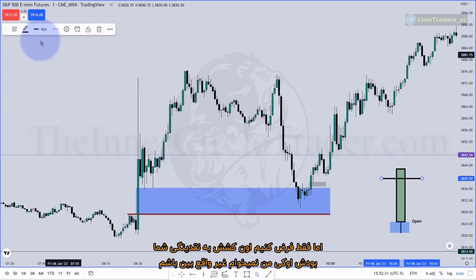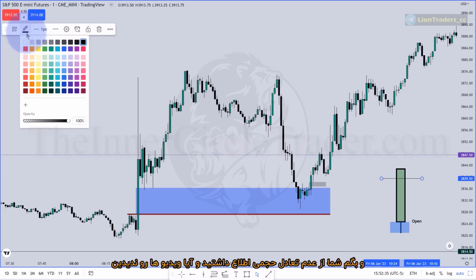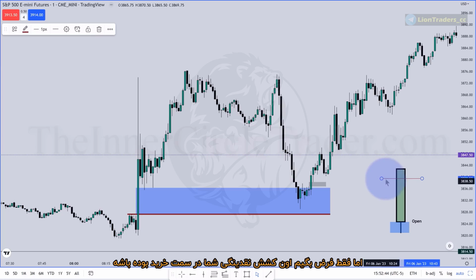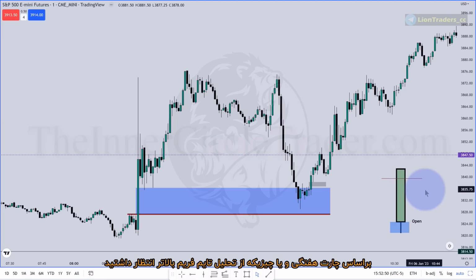Okay, I don't want to be unrealistic and say that you would have known about the volume imbalance had you not been watching the videos. If you would have watched the videos, then obviously you would have. But let's just say that was your draw on liquidity for buy side based on the weekly chart, based on what you expected in terms of higher time frame analysis.